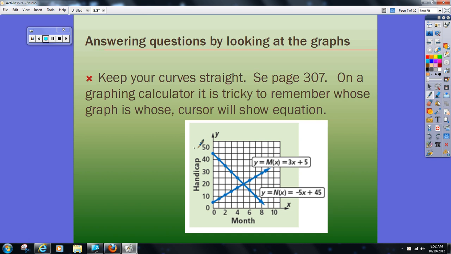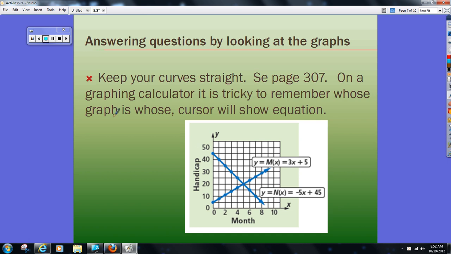When you're looking at graphs, sometimes the text or a real life application will have a graph available for you and you're trying to see what makes both true. Say, page 307. Make sure you keep your equation straight. Sometimes it's hard to know which line is representing which equation.